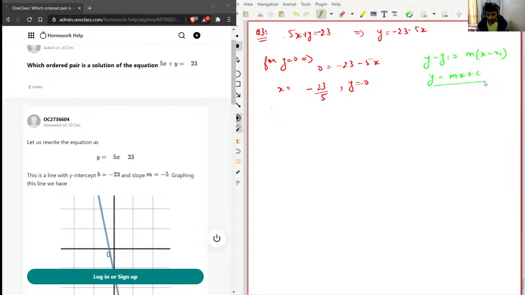Yeah, so this is the slope intercept form of the equation. So just by comparing these two equations, I can say that the slope of this straight line is minus 5 and the intercept is minus 23.